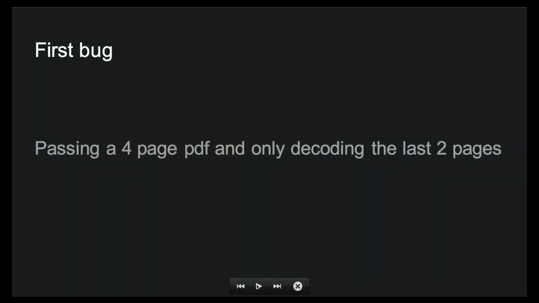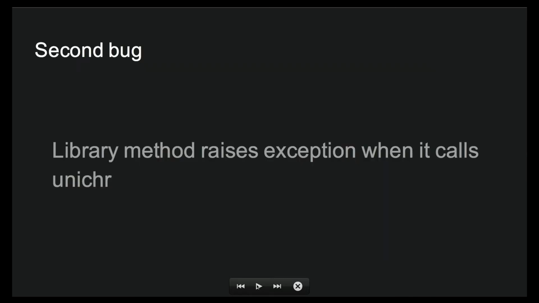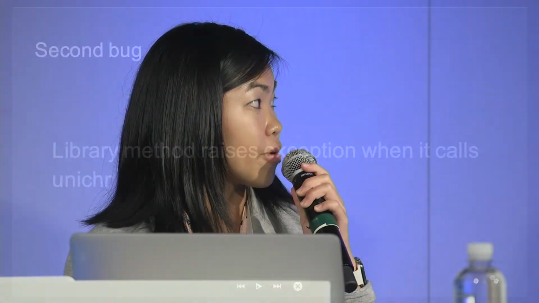All right, so my first tale begins when I was parsing a 4-page PDF, and I found that it was only giving me the last 2 pages, which is really weird. My instinct was, what is going on? So fast forward a couple months later, another bug I found is that I was passing in this PDF, and it just straight up raised an exception when it hit this particular library method.